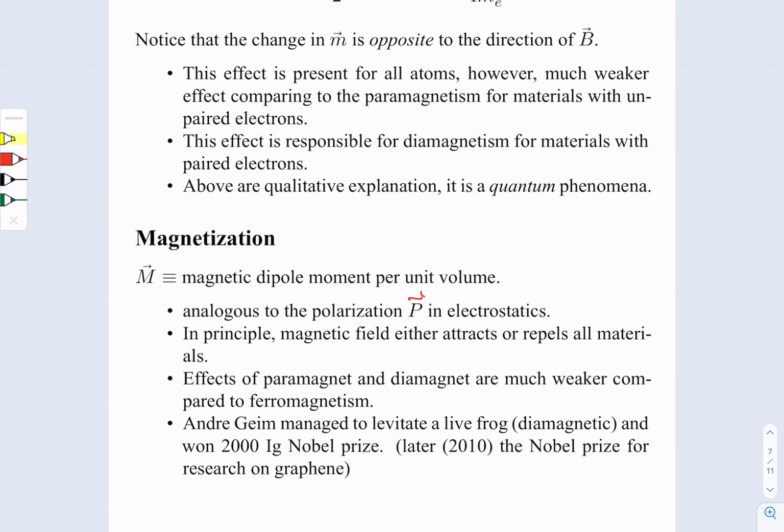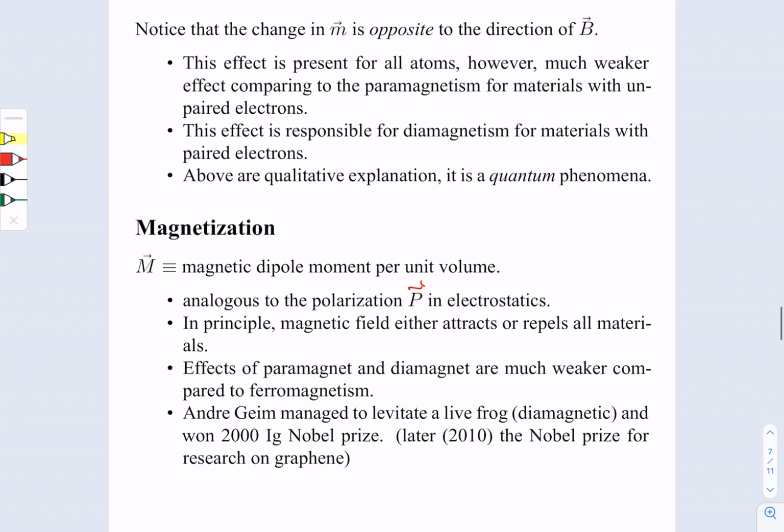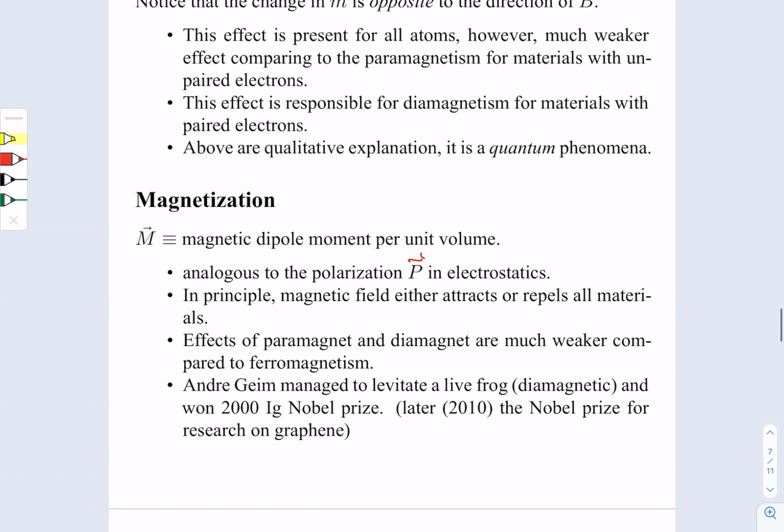There is actually an interesting and funny experiment done by Andre Geim showing that, in principle, a diamagnetic material can interact with the magnetic field. Actually, a live frog has been levitated by using the magnetic field alone.